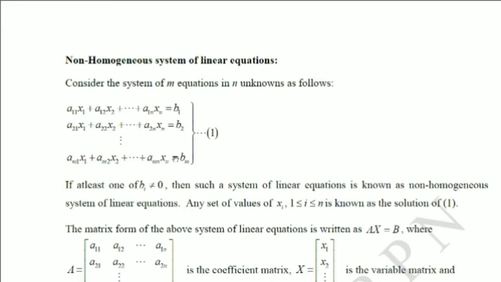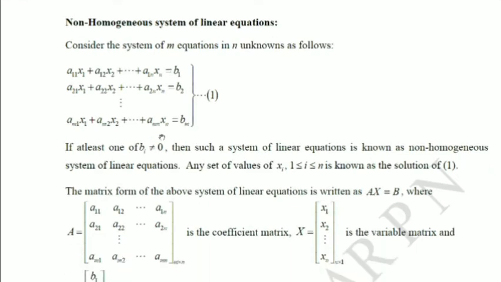And the solution of this system of m equations is nothing but the common values for x1, x2, up to xn. So any set of values for x1, x2, up to xn satisfying these equations is known as a solution of this system of non-homogeneous linear equations.